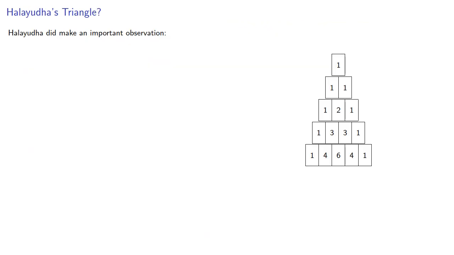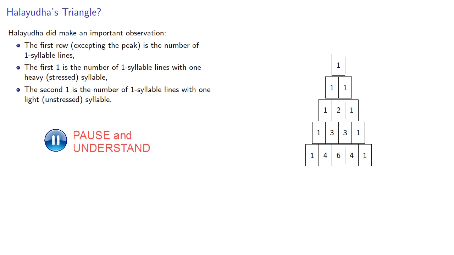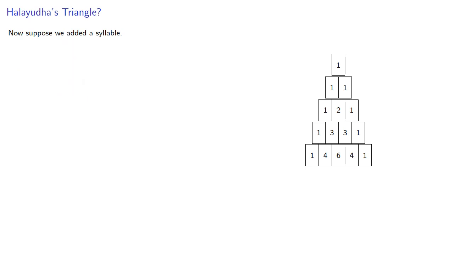So this first row, ignoring the peak, is the number of one-syllable lines. We can read this as indicating there is one one-syllable line with a heavy syllable and one one-syllable line with a light syllable. Now, suppose we add a syllable.